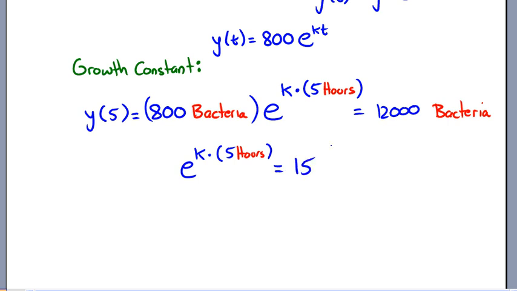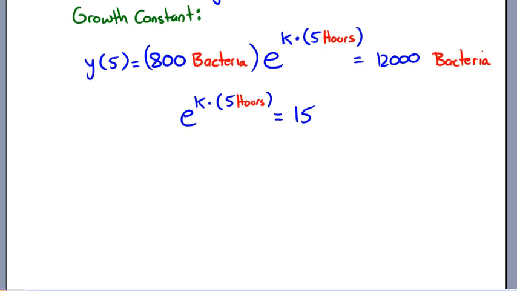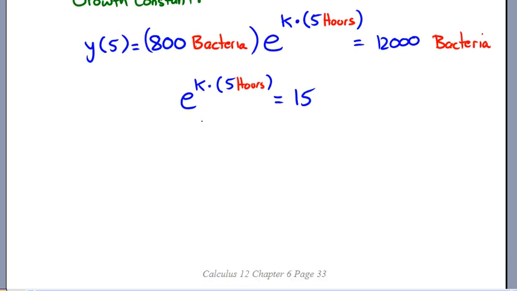It was bacteria divided by bacteria, so you don't see anything anymore. I'm now going to go and take the ln of both sides. So if I ln both sides, I'm going to have k multiplied by 5 hours is equal to the ln of 15.